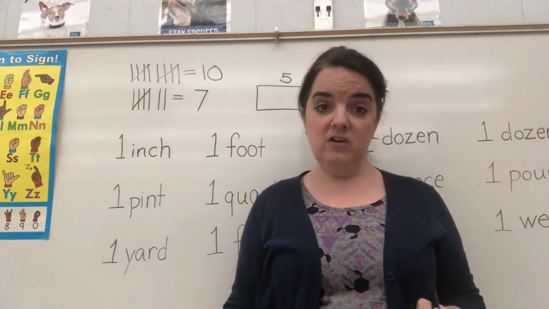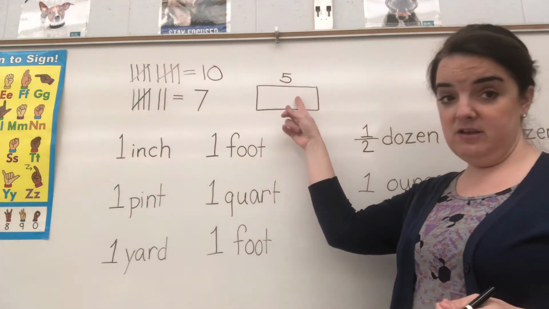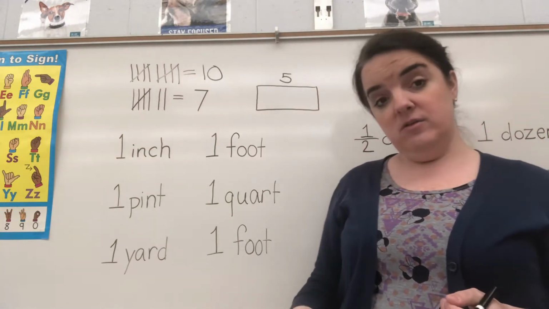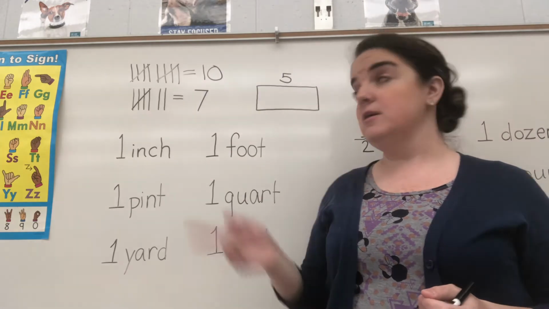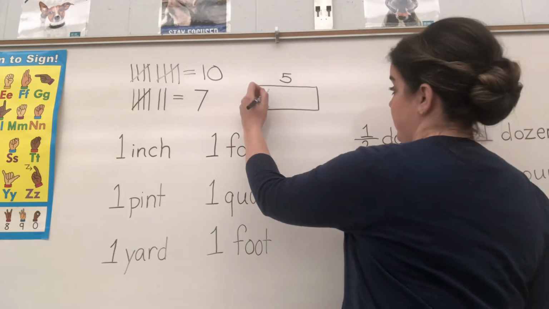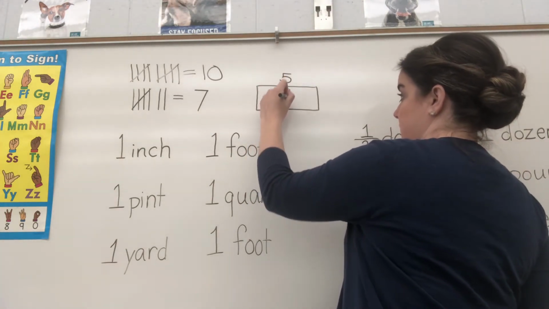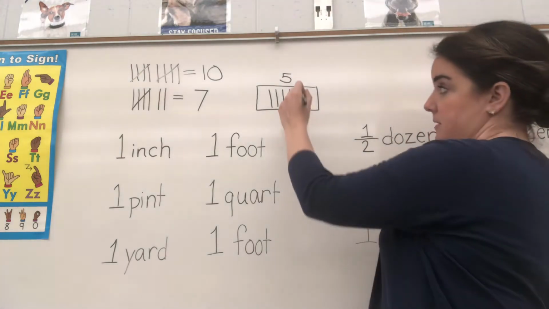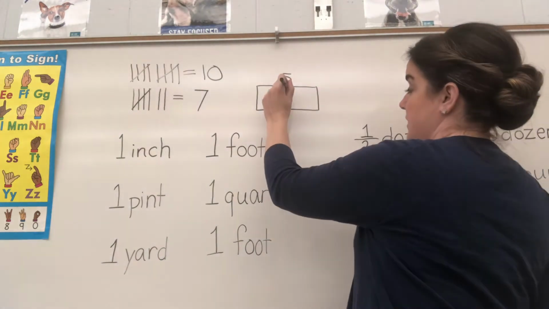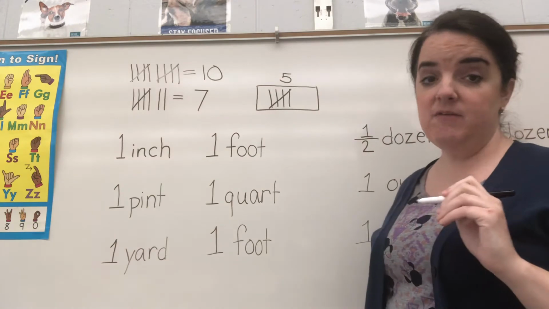Now, if you notice in section 2, there's a number and then there's a box underneath the number. You're going to read the number and you're going to need to draw that many tally marks inside the box. So the first one is 5. So we're going to draw 5 tally marks. 1, 2, 3, 4. Now you could put another one over here, but to make it a little simpler, you're going to draw the line through to make 5.